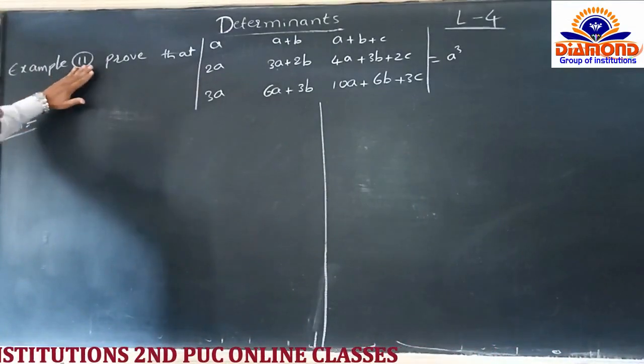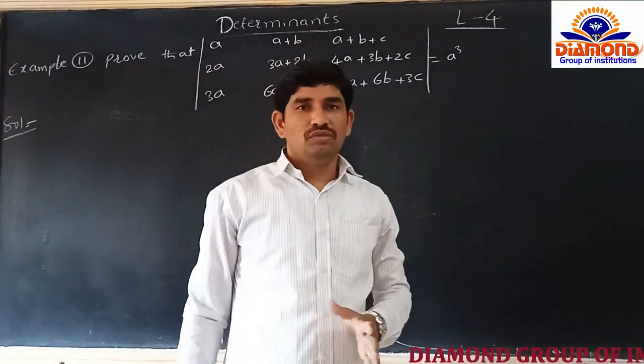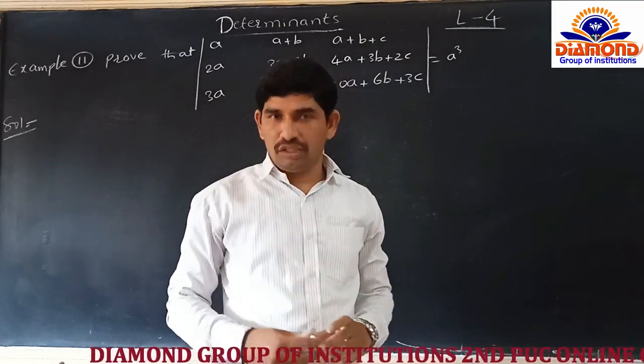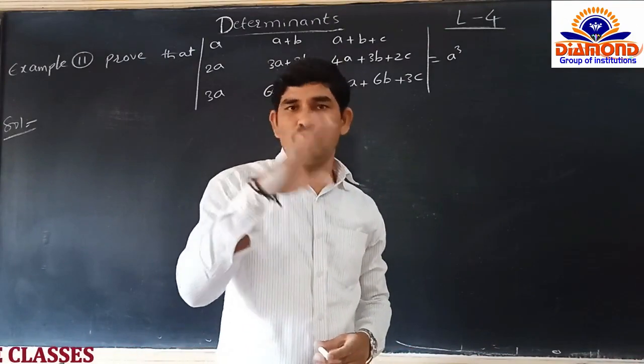So we will see this in example 11. We have completed 6 properties in total, so now we can start the examples one by one, applying the 6 properties.